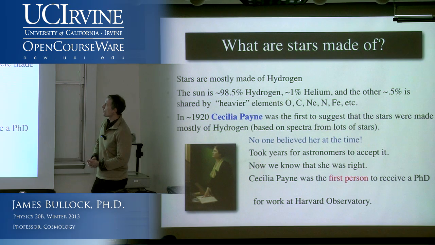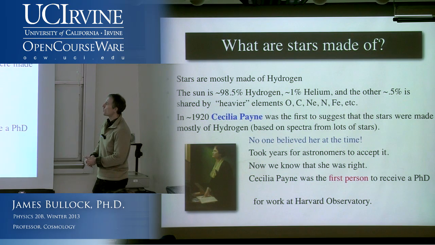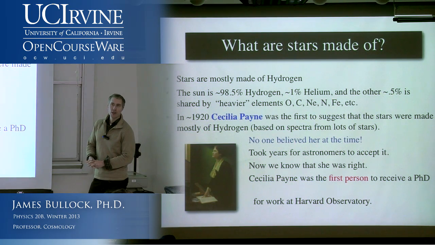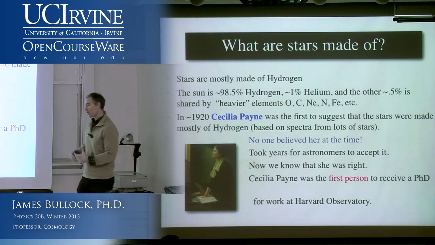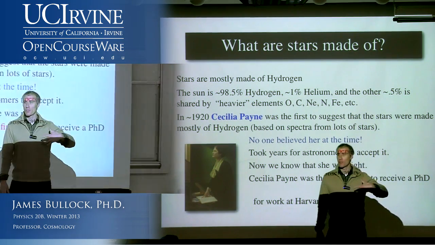She was in fact the first person to suggest that the stars were made mostly of hydrogen. And this was kind of a big deal. No one really believed her at the time because it was known that the Earth was not mostly made of hydrogen. The Earth is far and away not made of hydrogen. And so the prevailing wisdom was, well, the Earth is made of whatever the sun is made of. We're sort of the same thing.